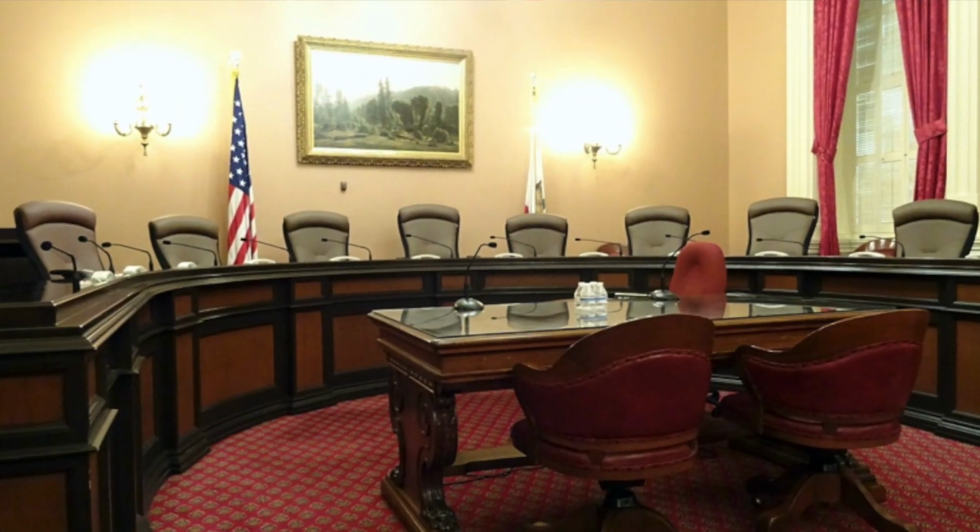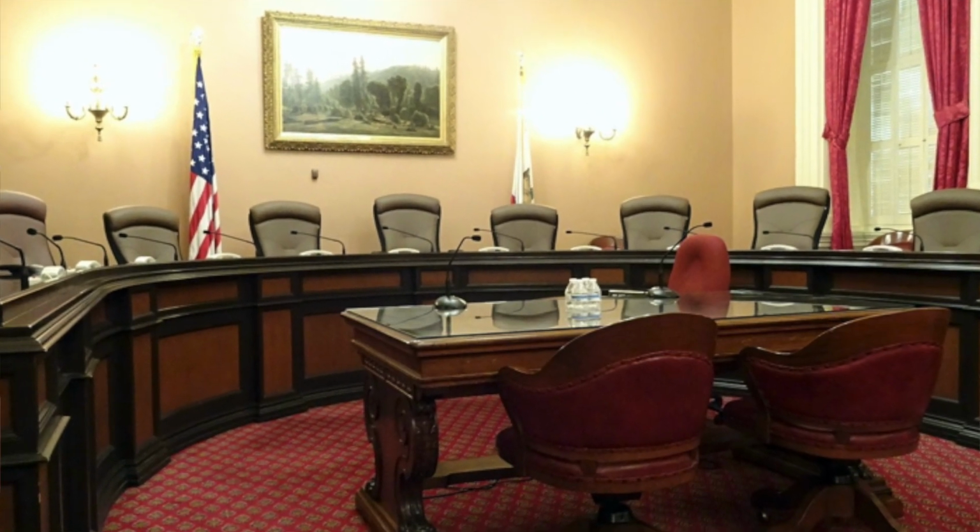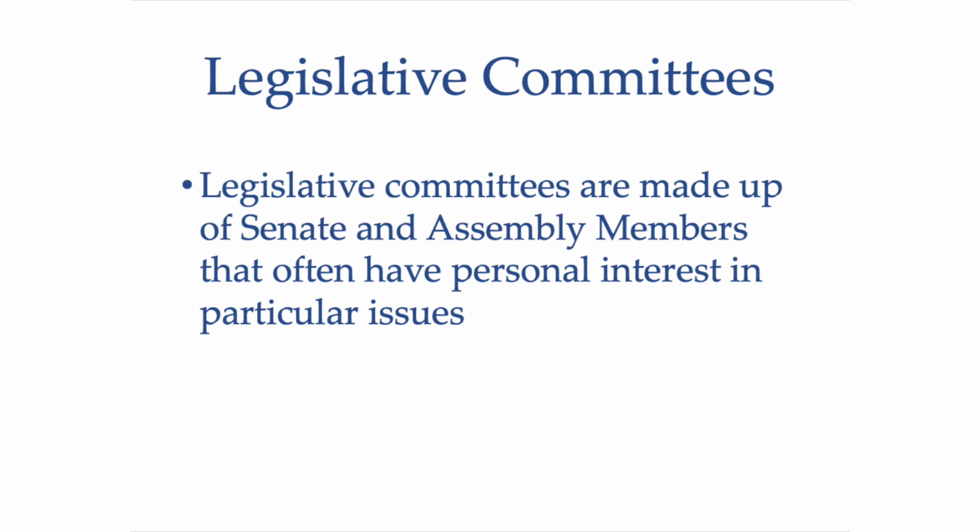Legislative committees are really important in the legislative process, and legislators are parts of many different committees. Each committee that they sit on, they have particular interest in the areas that that committee deals with.